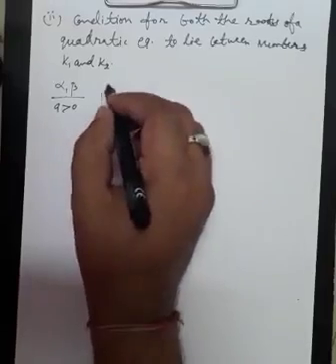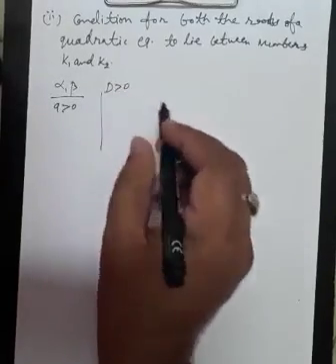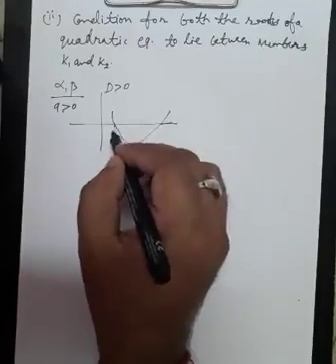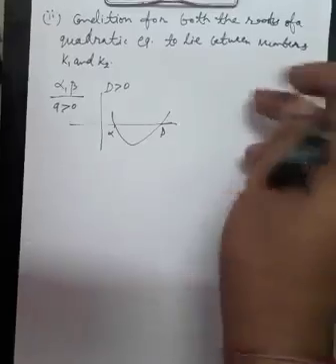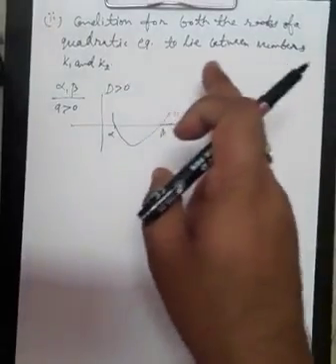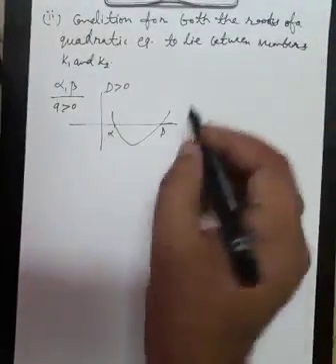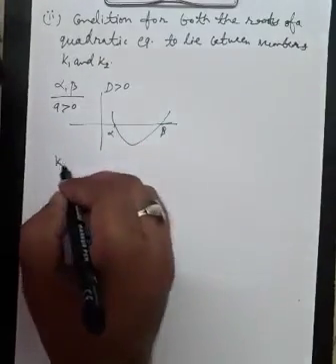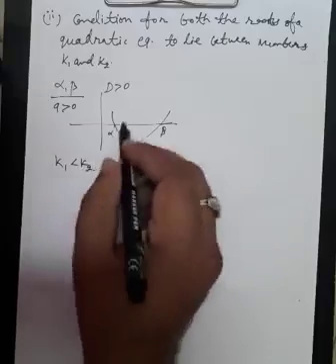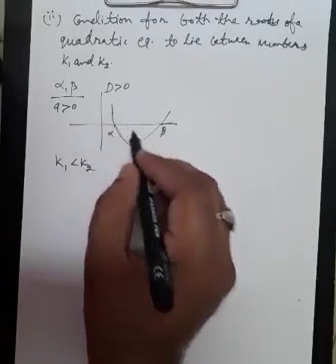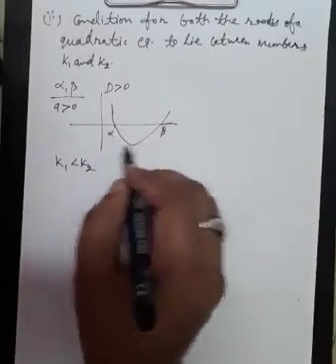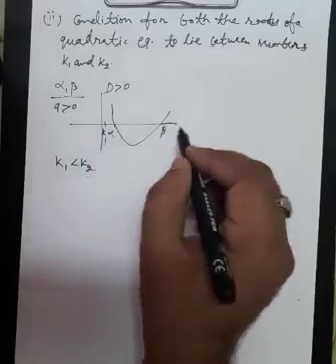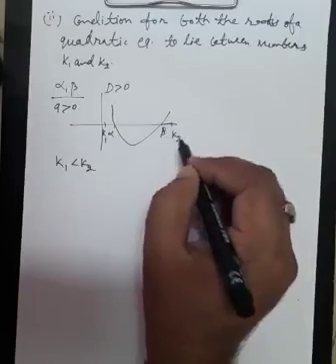We consider D greater than 0. Then K1 is here and K2 is here.